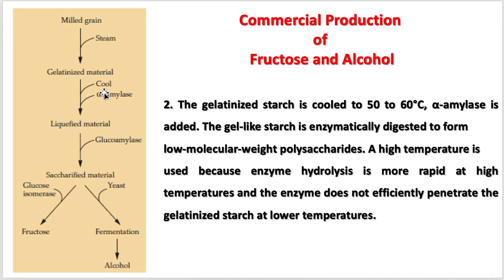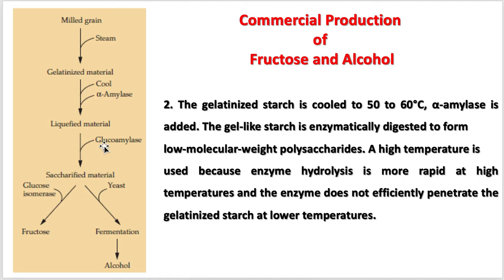Because alpha amylase will be destroyed if we add it at the hot steam temperature. So this step needs some extra cost, right? Because we have to cool it down, it will require an energy cost. Then after alpha amylase we use another enzyme, glucoamylase. The conditions required for optimum activity of these enzymes are not the same, such as the pH or temperature requirement.